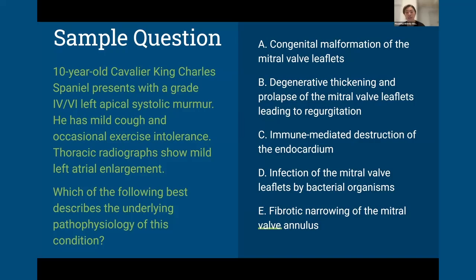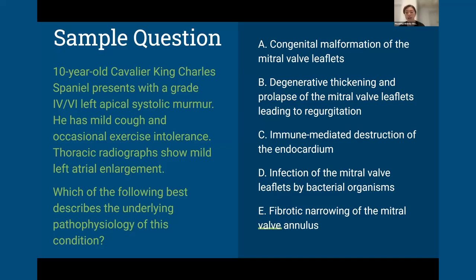Infection of the mitral valve, yes, sometimes there is valvitis, so endocarditis of the heart, but again, it's very rare, and there was no mentioning of poor periodontal health, and no mentioning of other systemic diseases, so it's very unlikely.